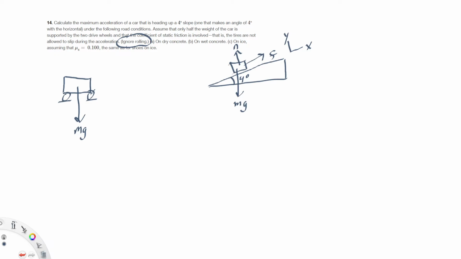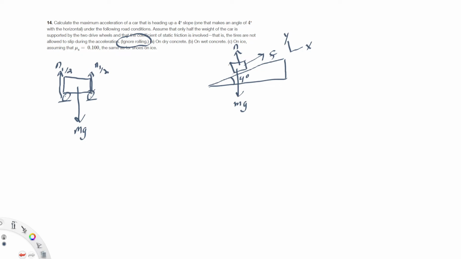So you actually have a normal force from your front set of tires and a normal force from your back set of tires. So half of the normal force, right, is on each set of tires.